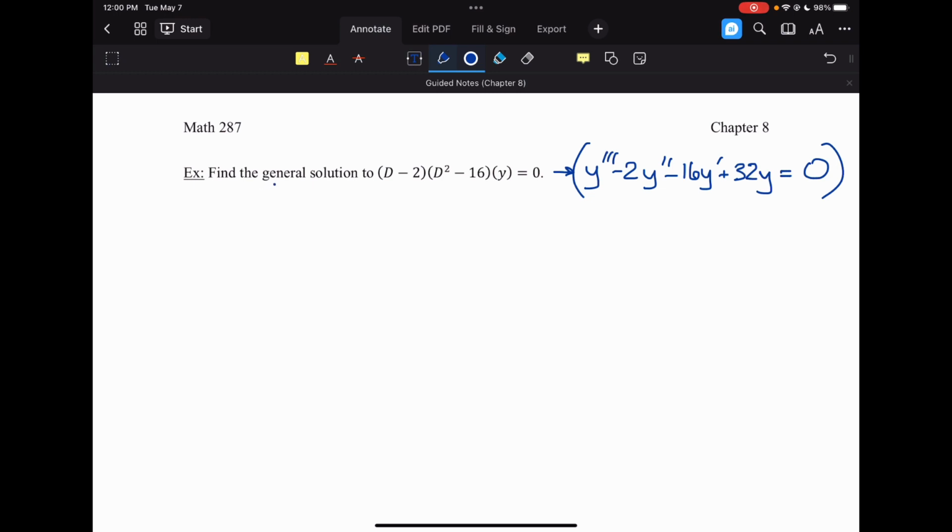So when it's asking us to find the general solution to this differential equation, it's really asking us to find the solution to this. But notationally, we're not going to work with it this way. We're going to work with it using D, that derivative operator.